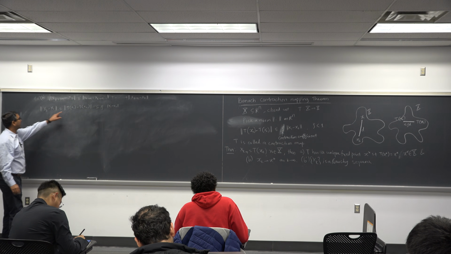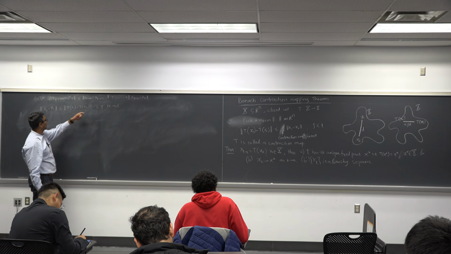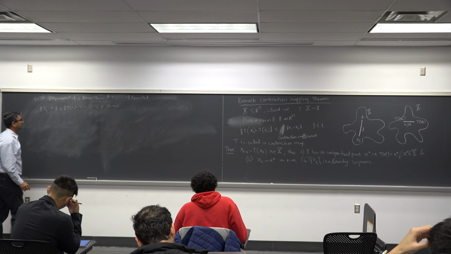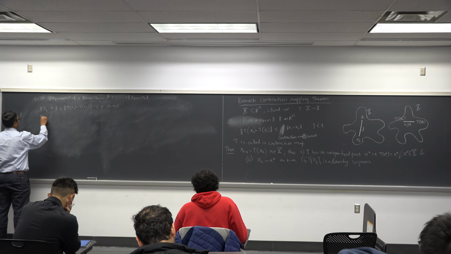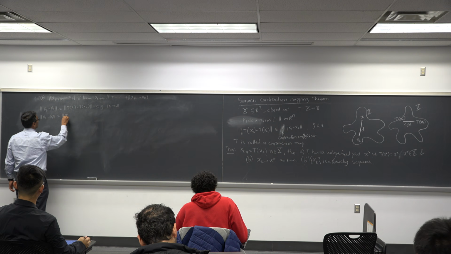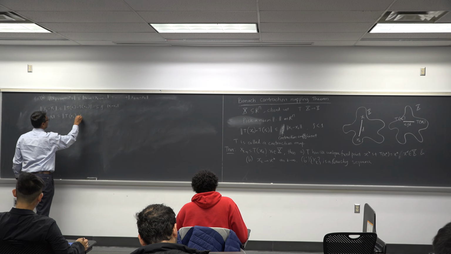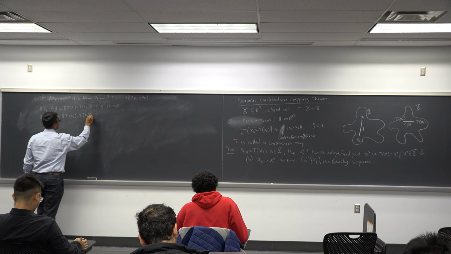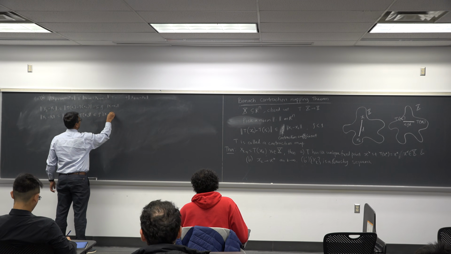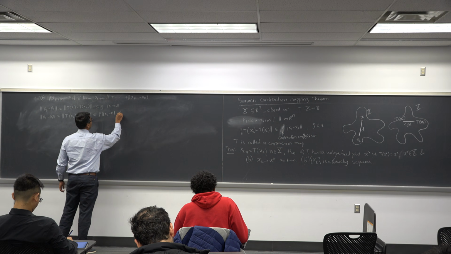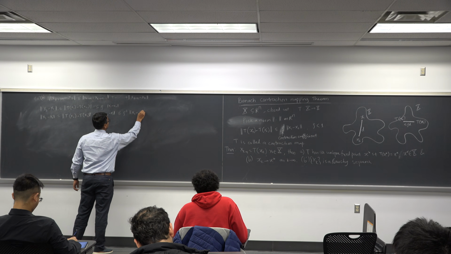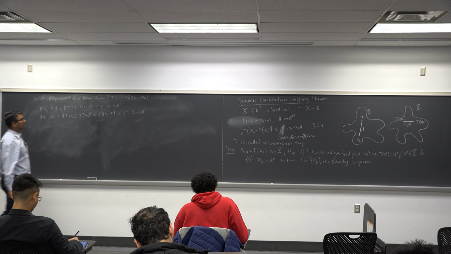So x2 is T x1, x1 is T x0. I look at the difference, that's less than or equal to rho times x1 minus x0. Let's look at x3 minus x2. T x2 minus T x1 is less than or equal to rho times x2 minus x1, which is less than or equal to rho square times x1 minus x0.